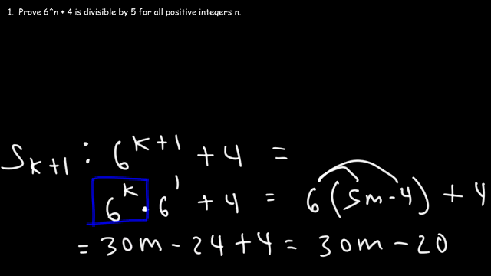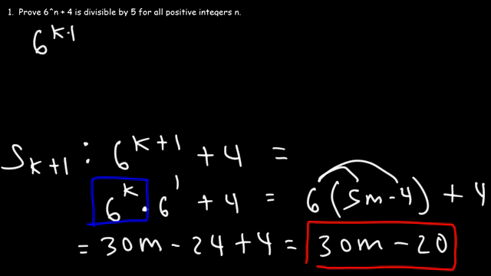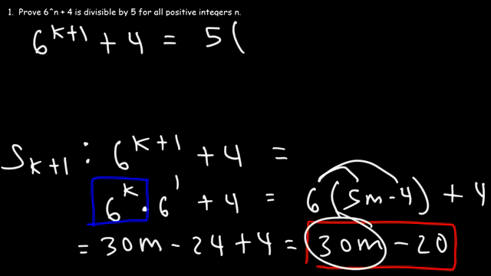So what I'm going to do is factor out a 5 in this expression. So we could say that 6 raised to the k plus 1 plus 4 is equal to 5 times 30m divided by 5, which is 6m. Negative 20 divided by 5 is negative 4.